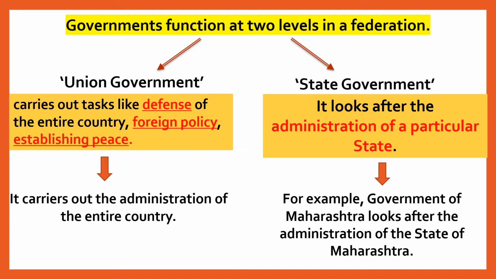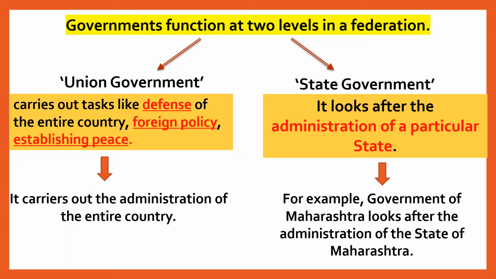Therefore, governments function at two levels in a federal system of governance. They are the union government and the state government. The union government carries out tasks like defense of the entire country, foreign policy, and establishing peace.